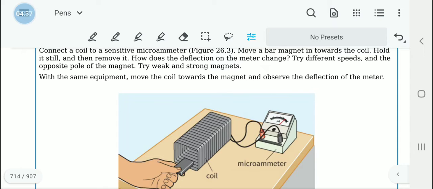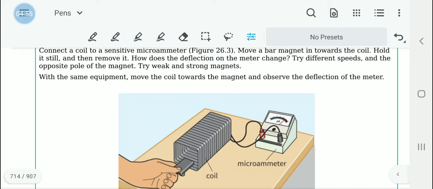When we move it, there is a deflection on the microammeter. If we stop it from moving, then there wouldn't be a deflection.